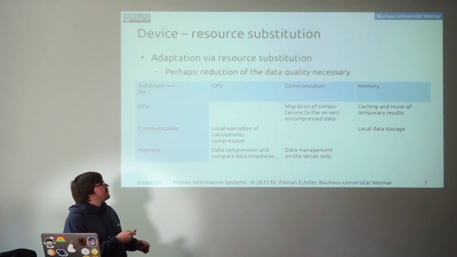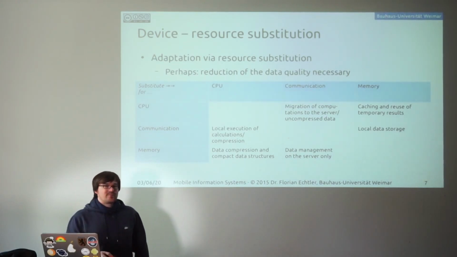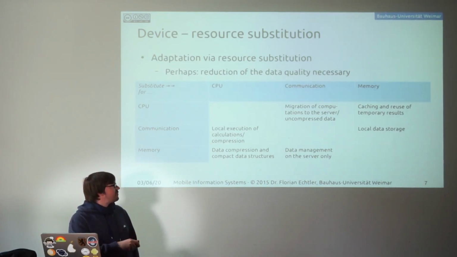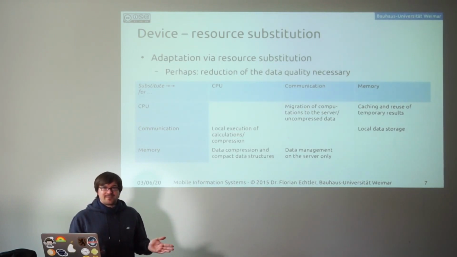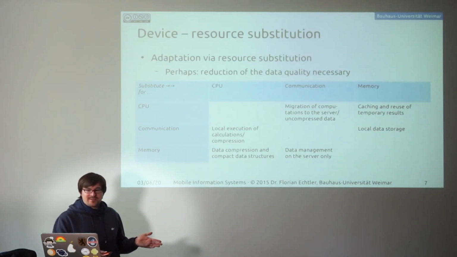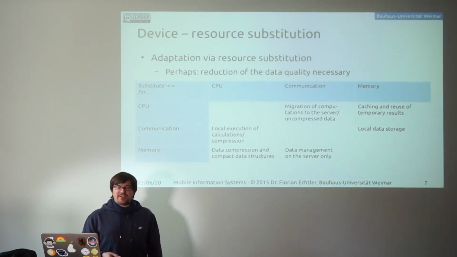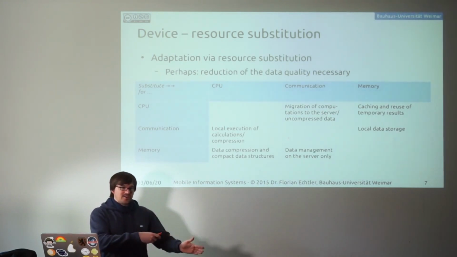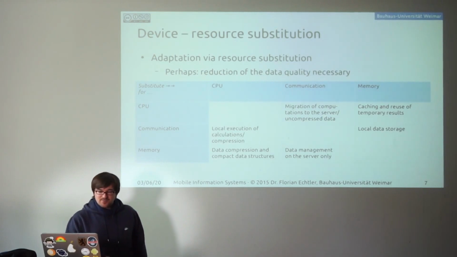The other way around, if you have enough communication bandwidth but not enough memory, then you just transfer all the data every time a request is made and don't cache anything. So there's various trade-offs again to be made between the various resources you have available on a mobile device, on the server and on the communications channel in between.